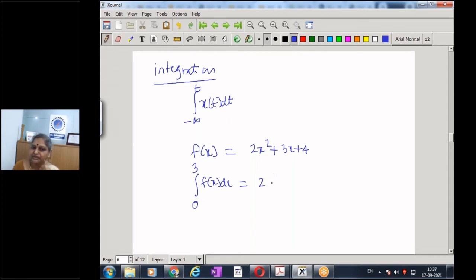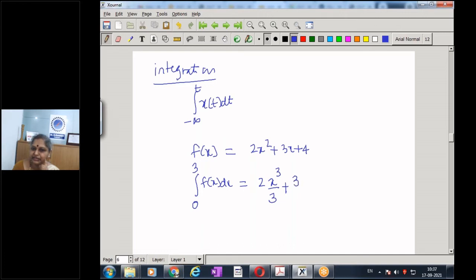What is the integral of x squared? X cubed by 3. Yes.